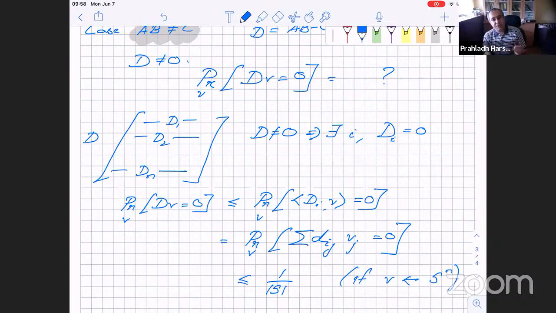So if you choose S to be large enough, this works over every field, you just drive this probability down. You pick a non-zero matrix and multiply it with a random vector V, where the random vector is obtained by picking each element uniformly at random from some set S. The probability that this will become 0 is going to be 1 over size of S.